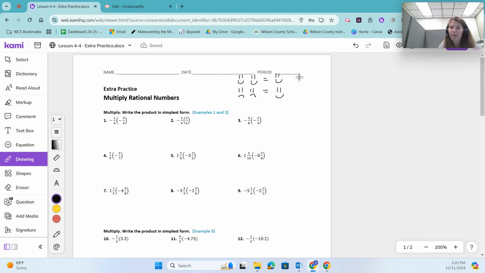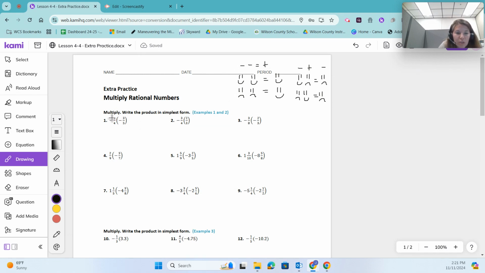Now, if a good thing happens to a bad person, that's sad. If a bad thing happens to a good person, that is also sad. So opposite signs is a negative, same signs is a positive. All right, when you're doing these.